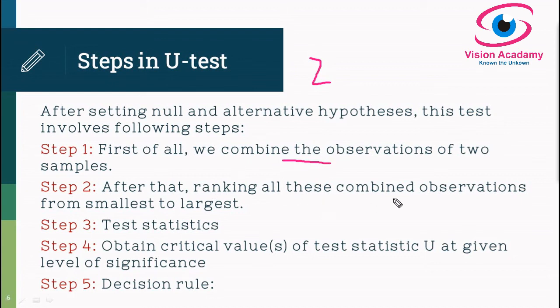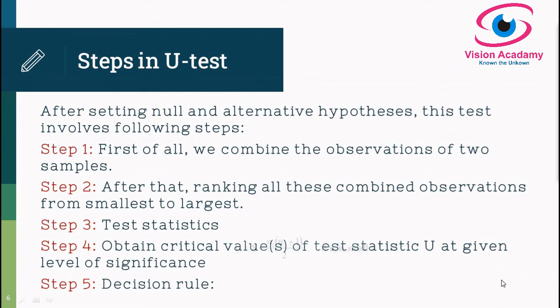After that, make a combined rank from smallest to largest, then apply the test statistic. After that, obtain a critical value, compare the critical value with your tested value, and finally take a decision. These are the essential steps for solving Mann Whitney U-test.